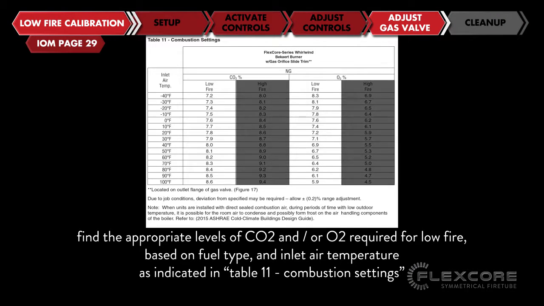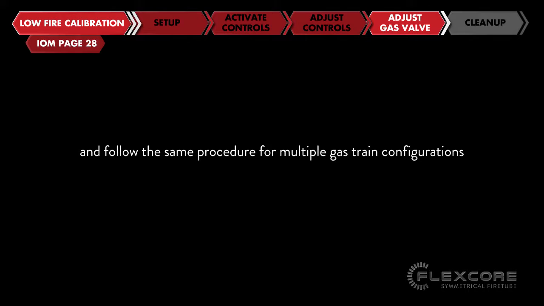Find the appropriate levels of CO2 and/or O2 required for low fire based on fuel type and inlet air temperature as indicated in Table 11, Combustion Settings. And follow the same procedure for multiple gas train configurations.